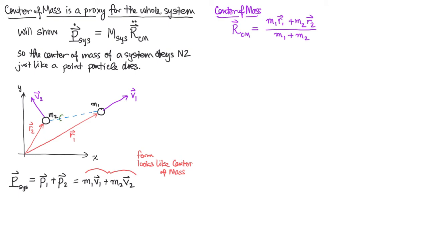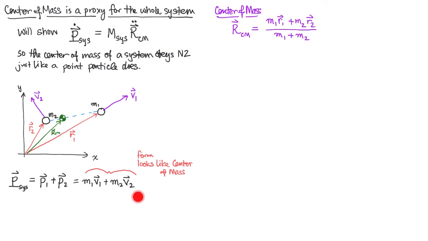And I'll indicate the center of mass with this green symbol. When we say our center of mass, capital RCM, what we mean is the position vector from the origin out to that point. Even though there's not necessarily an object at that location, the center of mass represents the system.